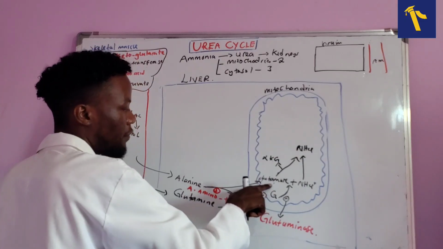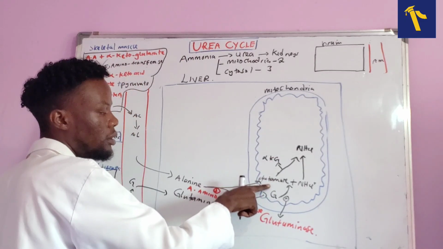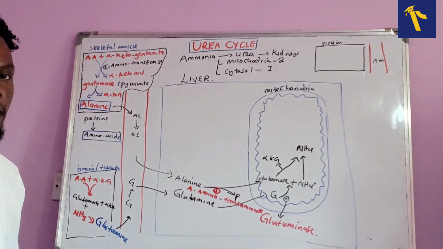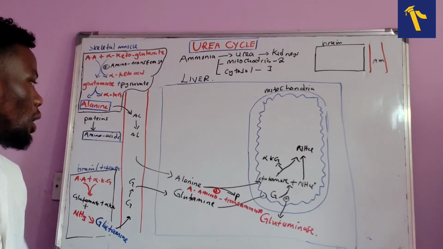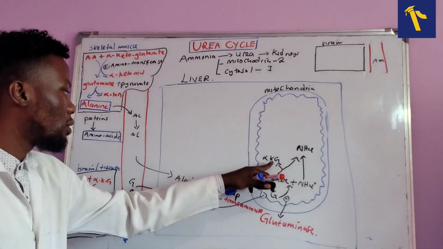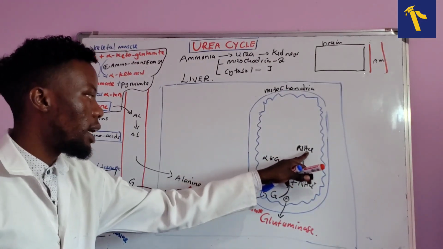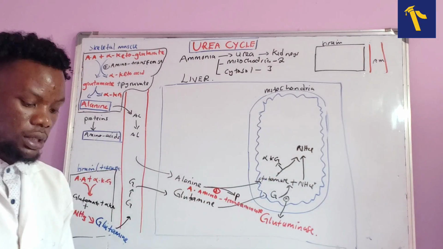The moment glutamate is broken down by this enzyme, we're going to have alpha ketoglutarate and the ammonia that we need, right?